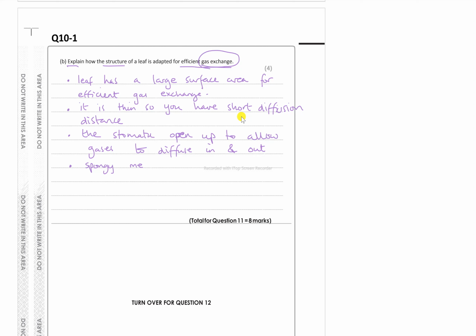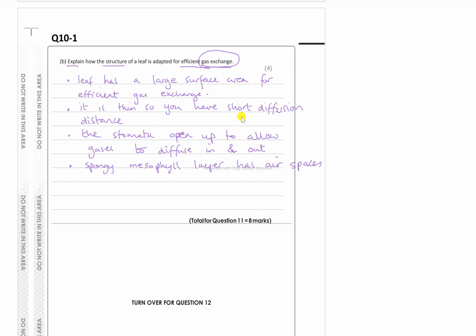Yeah, the spongy mesophyll layer has what? Has gaps or air spaces or air pockets, right?